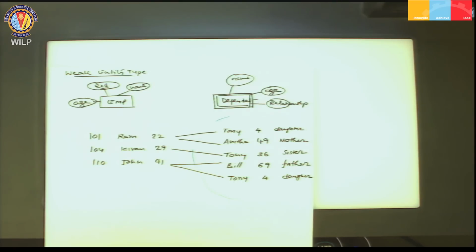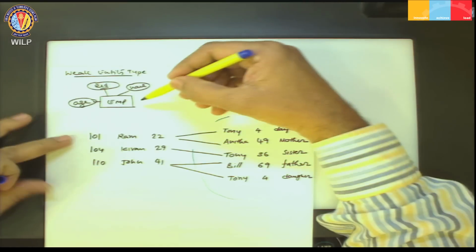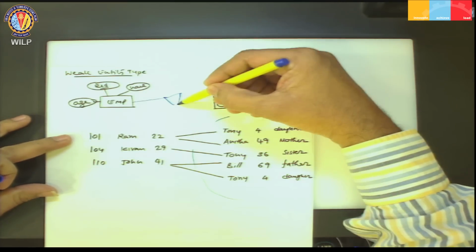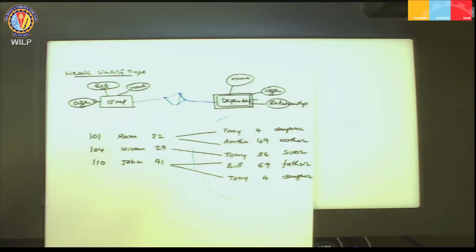In that case, that kind of entity type is called a weak entity. Then what is the solution? How can we provide unique identification for the entities in the entity type? It is possible only when it has a relationship with an owner entity, some other strong entity.